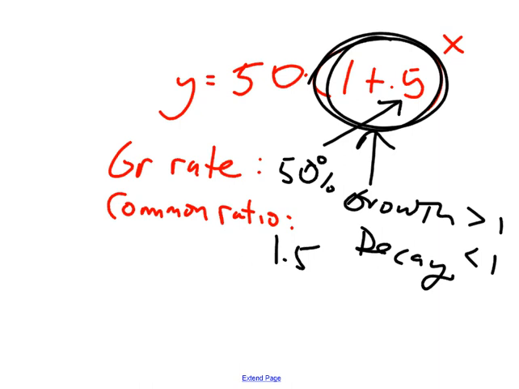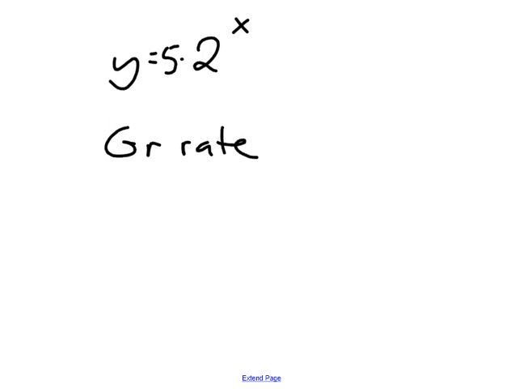I'm going to give you another one that's like that. And this time, I'll actually do something I can graph, because somebody asked me about graphing. That looks different than what I just said, but you should still be able to figure out what the growth rate is. Yes, it is growth. And what is the common ratio?